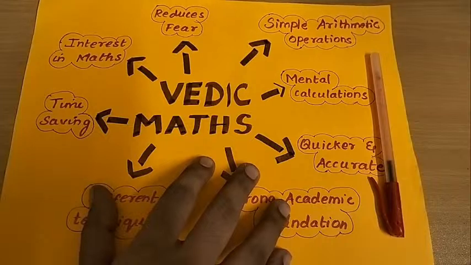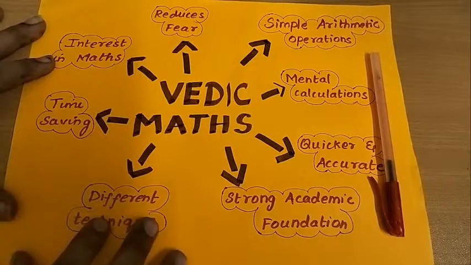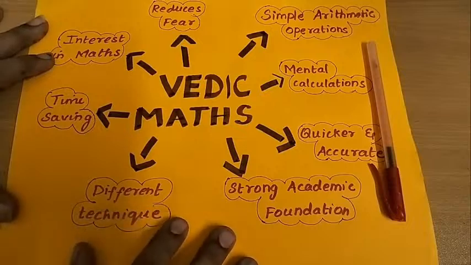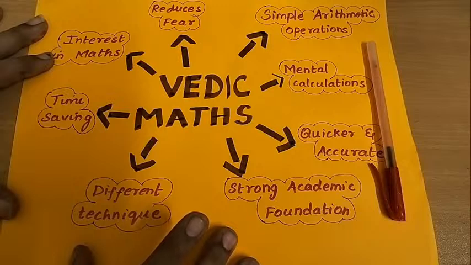Next is Vedic math tricks. We'll go with tricks. We already told you we have many tricks. We will be applying them for many mathematical operations, that is addition, subtraction, multiplication, division, square roots, everything. All these tricks help to compute numerical problems in very little time.